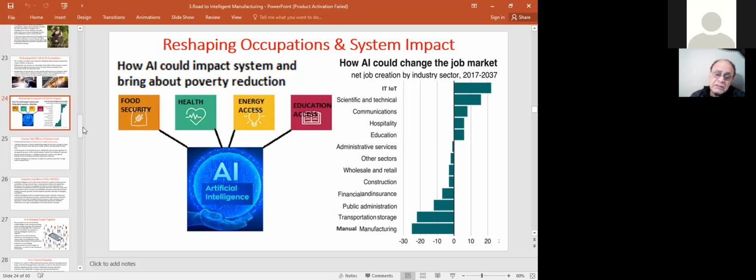Education access is much greater these days using artificial intelligence than it was in the past. In the rural areas, education was limited, the health facilities were limited, but now with the help of artificial intelligence and connectivity, this handicap is no more there.